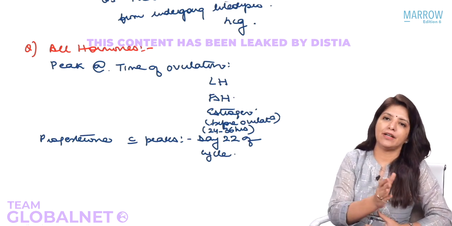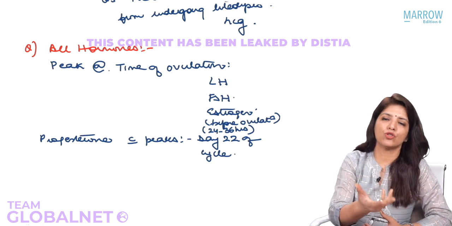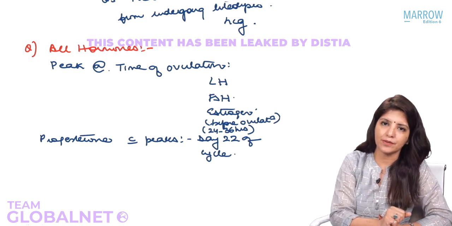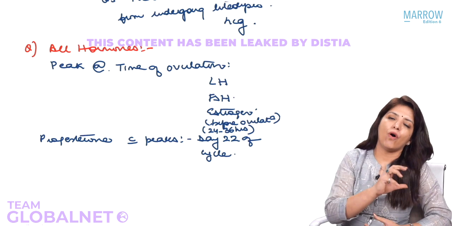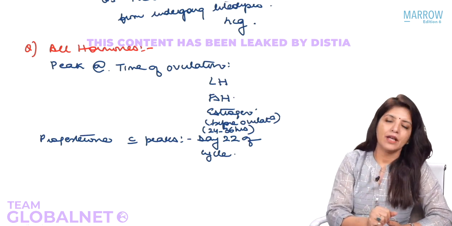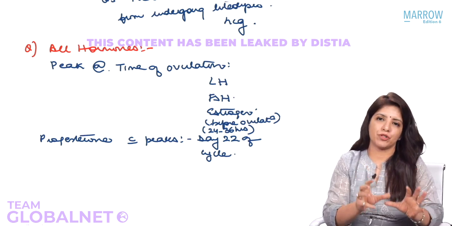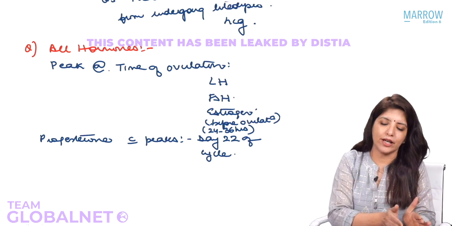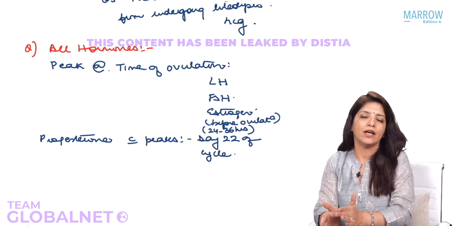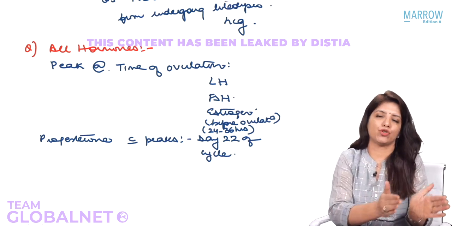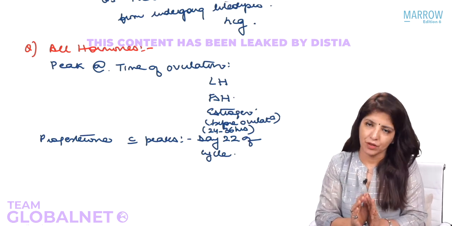If a female doesn't ovulate, then progesterone is not present in her in good quantities. So, all the tests for ovulation are based on this very principle: if a female ovulates, progesterone is present in her body. If a female doesn't ovulate, progesterone is absent in her body, right?